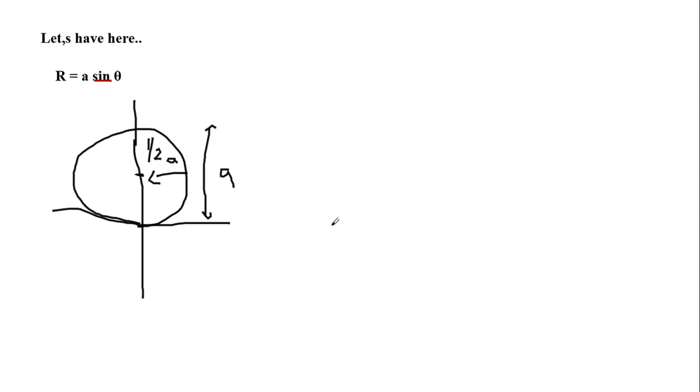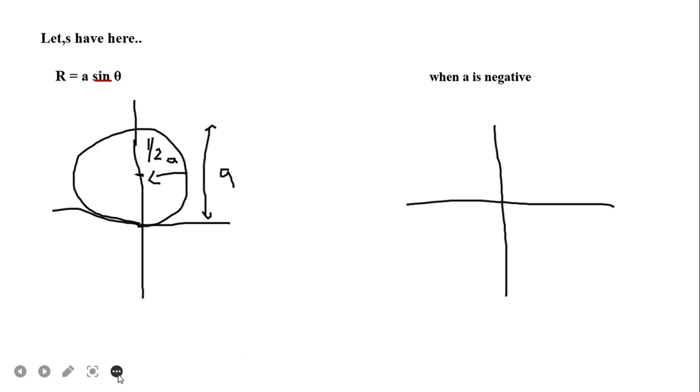So what if it is negative? So when A is negative, our graph will be like this. Let's change another color. And it's open in the y direction, so it's going to be below the x-axis.